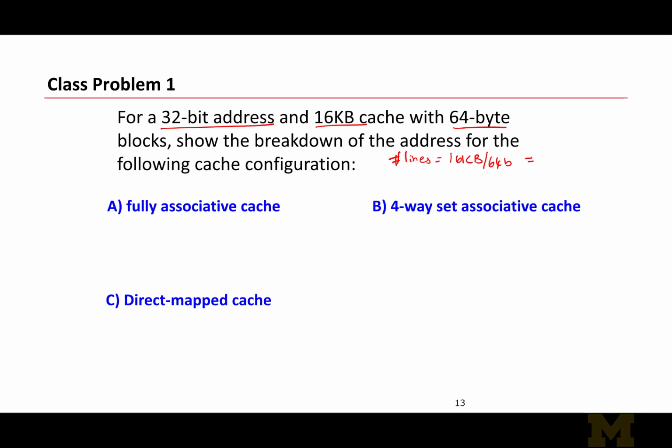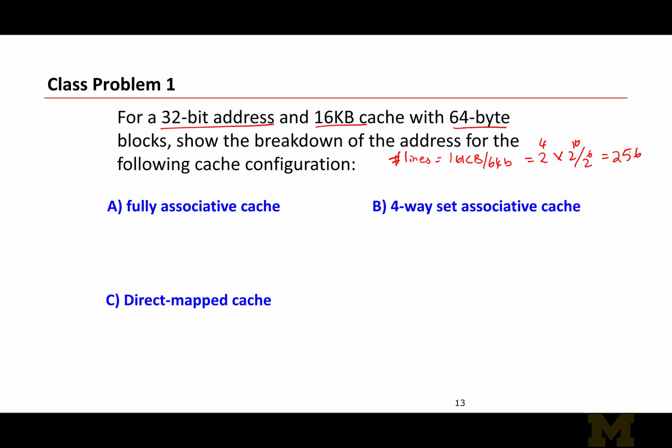When we say kilo in cache problems, we always mean 1024, not 1000. So that is 2 to the power of 10 divided by 2 to the power of 6, which is 2 to the power of 4. That's 14 minus 6, which is 2 to the power of 8, which is 256. So the number of cache lines is 256.